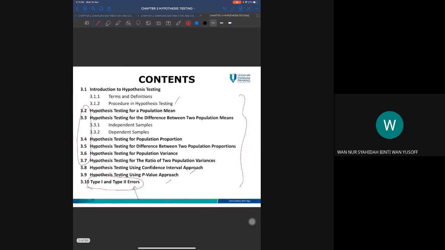Then we go to the test statistic, where we choose which statistic we need to use. Step 3 is the critical value, where we find the value in the statistical table. Step 4 is the decision, and step 5 is your conclusion.